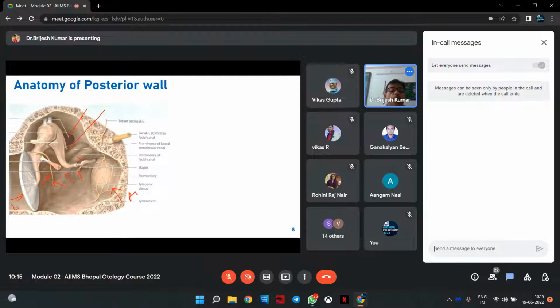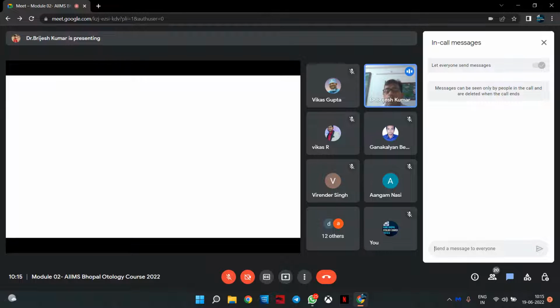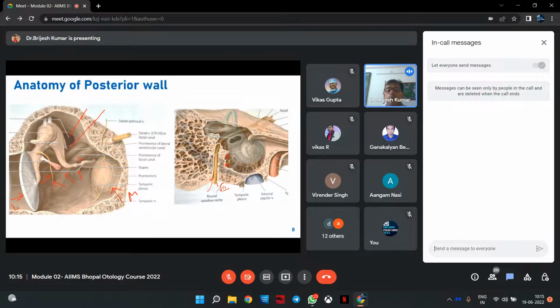Here is another figure to show the canal for the facial nerve, which has been opened here. That's the facial nerve. That's the pyramidal process. That's the chordal eminence. You can also see the chorda tympani nerve passing through it.